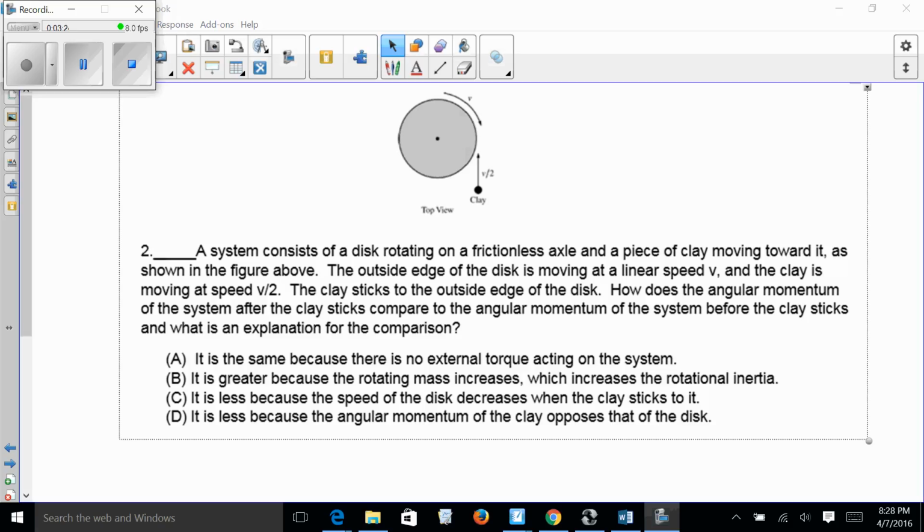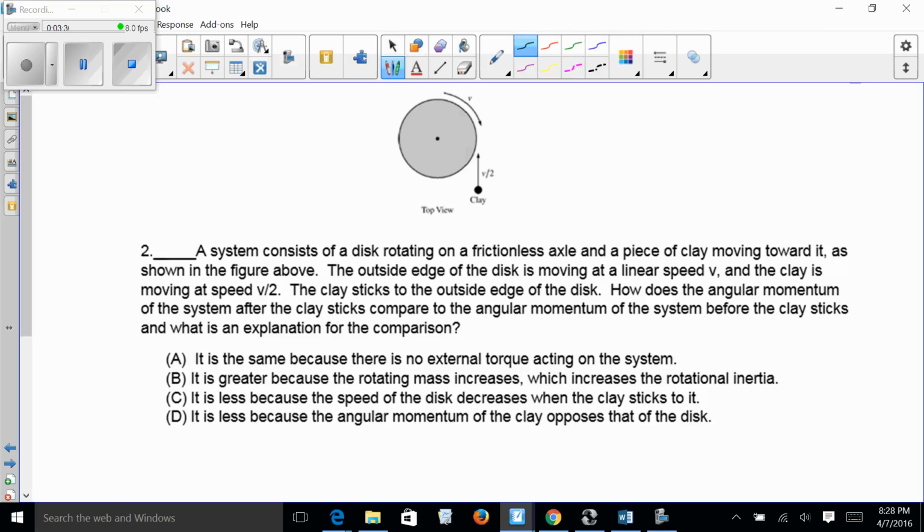This problem is a pretty straightforward conservation of angular momentum problem. But remember, understanding conservation of momentum, whether it's linear or angular, is about, first of all, understanding the system. And you're told here that the system contains two things, the disk and the clay.